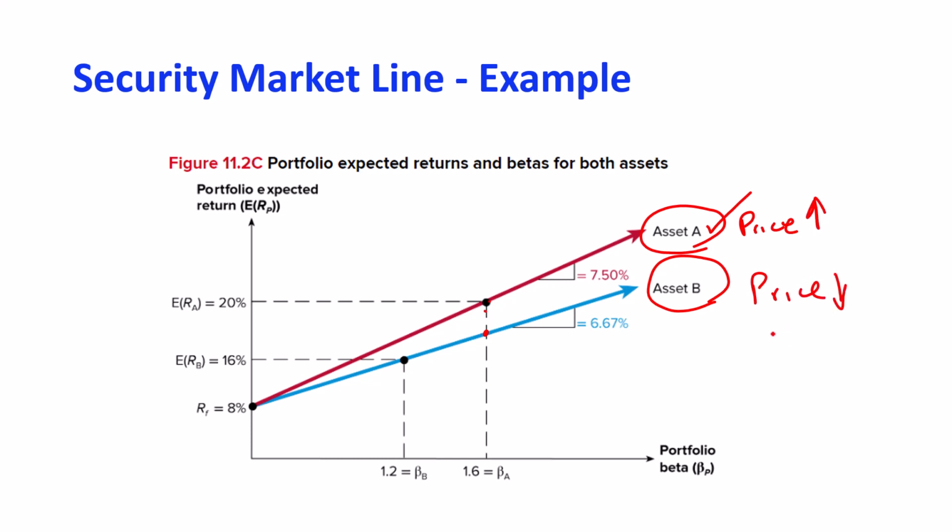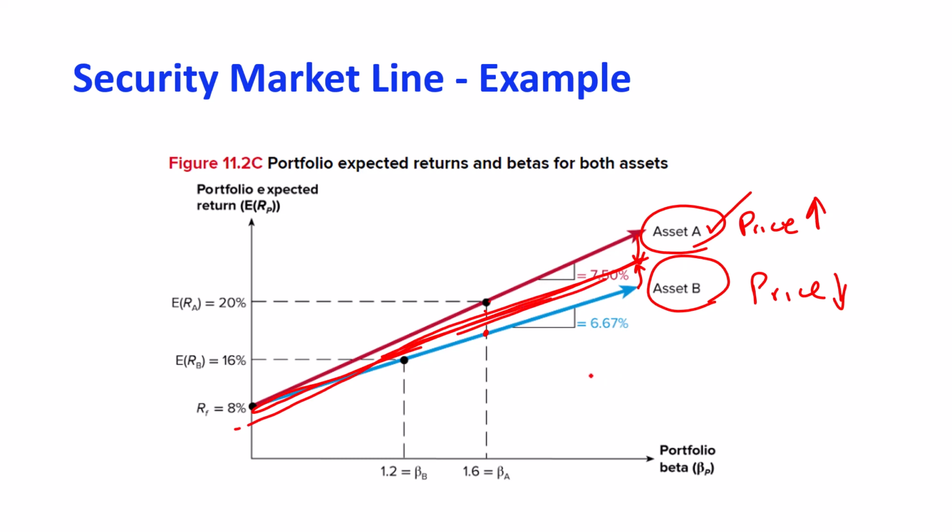And because prices and returns move in opposite directions, the result would be that the slope of the line for asset A will become less, and the slope of the line for asset B will increase to the point that we are going to have one line for both assets.